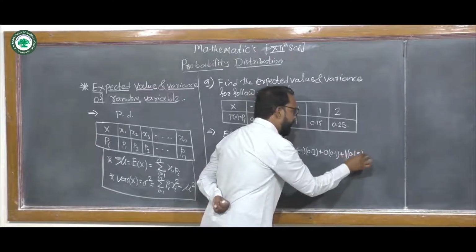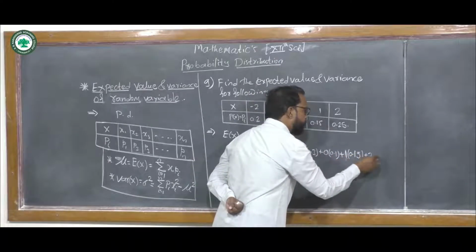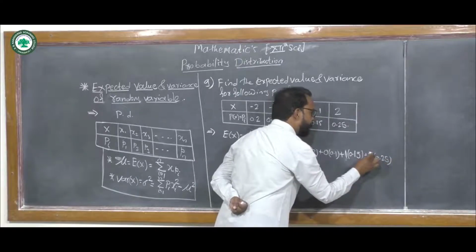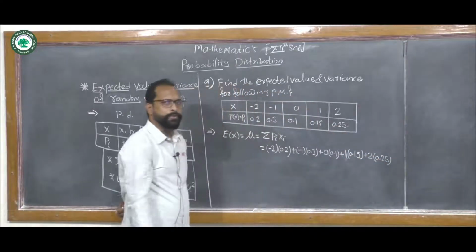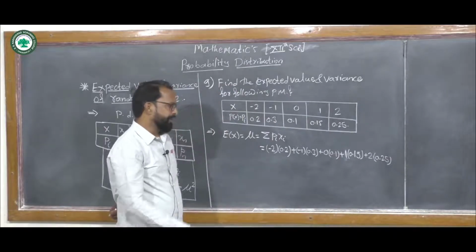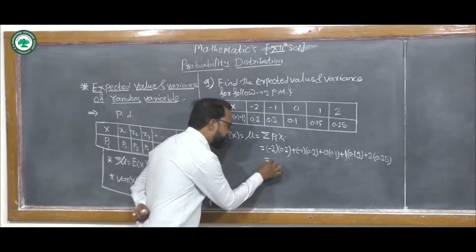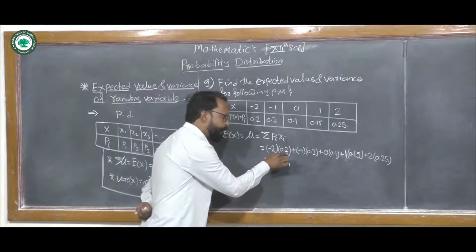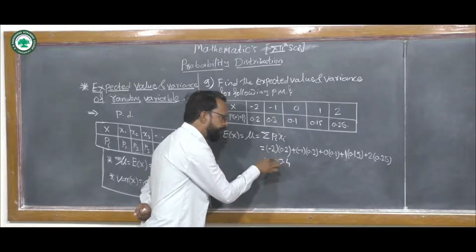0.15 and plus 2 into 0.25. Now taking these products, this becomes -0.4, since 2 into 0.2 means 0.4 with a negative sign.